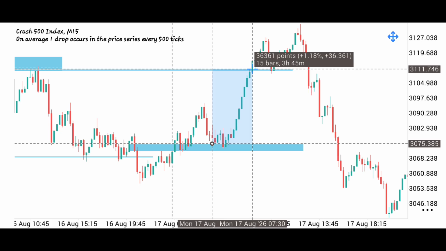Most of the traders were saying that ICT 2022 or even ICT concepts do not work on synthetic indices, but they work because they mimic the real market.